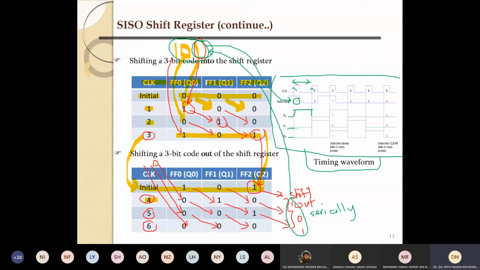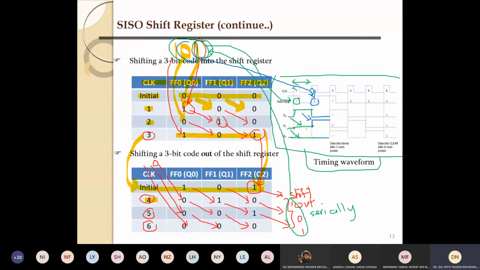Q1 will be 0 because it shifts from the initial condition 0, and this 0 also comes from the initial condition 0. Next, at the second clock, the second data is 0, so Q0 will be 0 for 1 clock cycle, and Q1 will be 1 because it shifts from here.